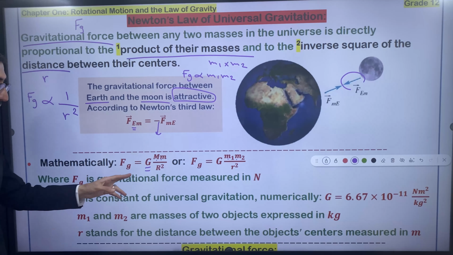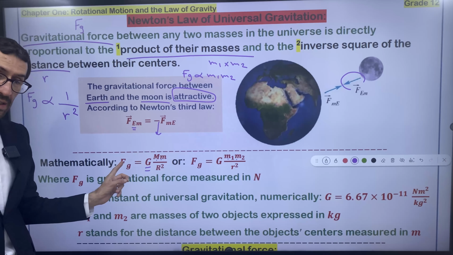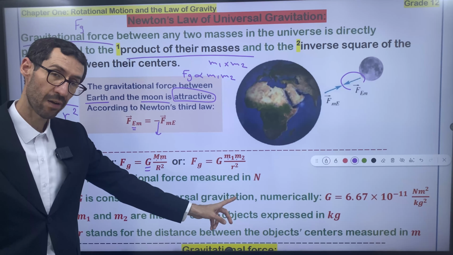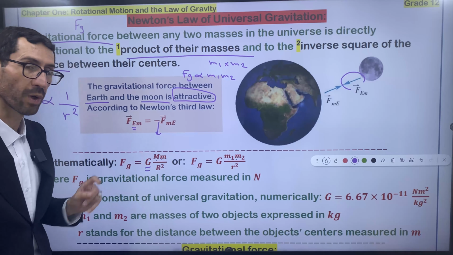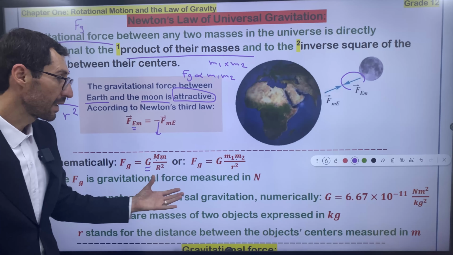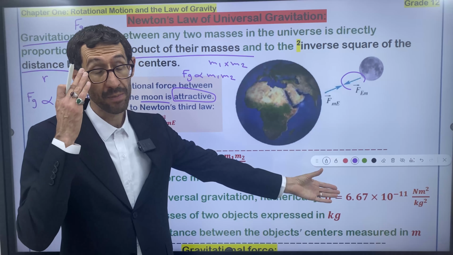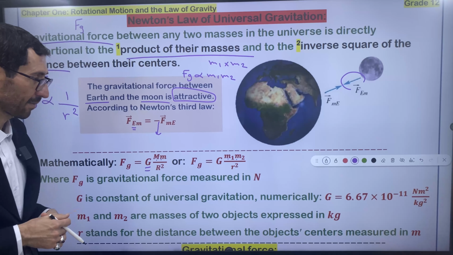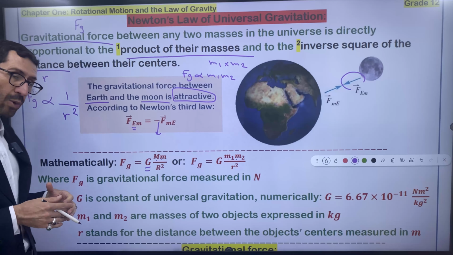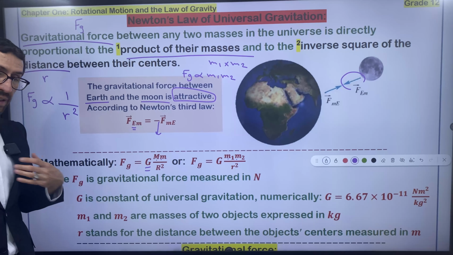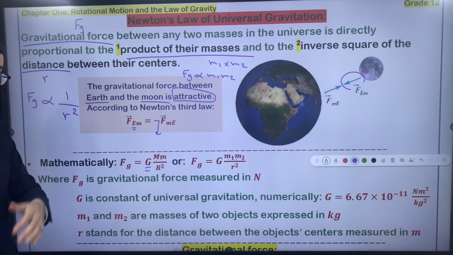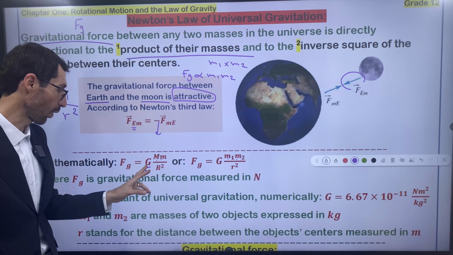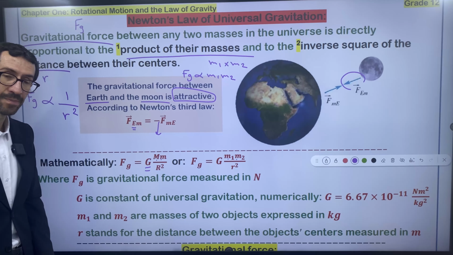Fg means gravitational force, measured in Newtons. G capital is the constant of universal gravitation, and it's measured in what? Look here. This is a question from the national exam. I will include this question in the next lesson, but right now I want you to focus on it in advance. I want you to derive the unit of G from this equation.